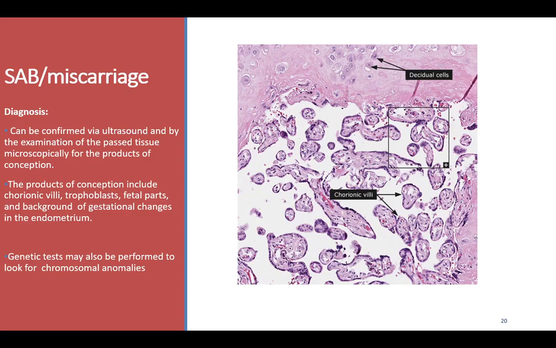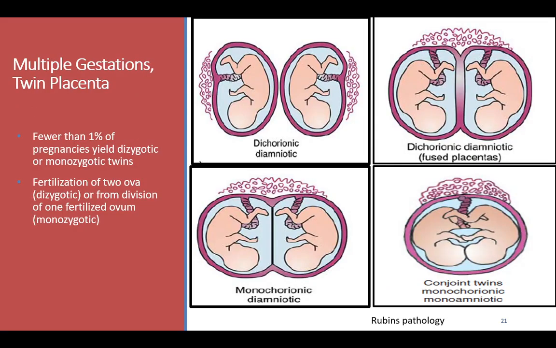So chorionic villi are a confirmative diagnosis of the product of conception. Sometimes chorionic villi are degenerated, so we look for the cytotrophoblast and syncytiotrophoblast. In general, we look for trophoblastic tissue. Trophoblastic tissue means chorionic villi, meaning fetal parts. So this is the confirmation of the abortion.